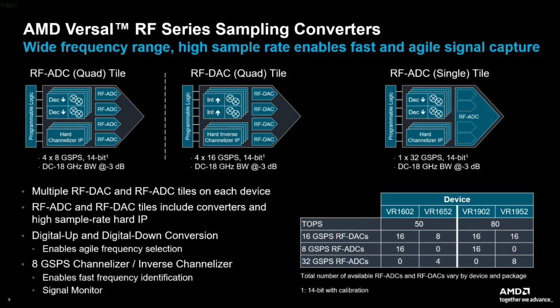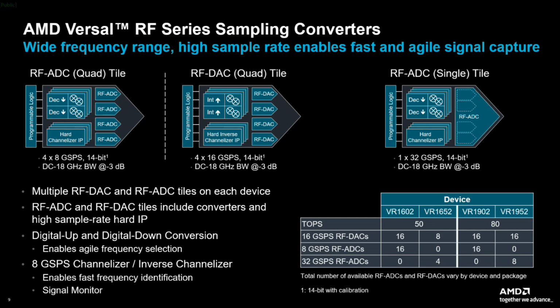So I wanted to talk a little bit about the ADCs and DACs because, of course, that's a very key part of it. So we have ADC and DAC tiles. What I'm showing here is what we call a quad tile. All of our ADCs and DACs are implemented in tiles. This is not a chiplet technology. The Versal RF as well as the Zynq are all implemented on a monolithic piece of silicon. A tile just represents a physical area on a chip, and we have 4 ADCs in that tile. But we also have other IP.